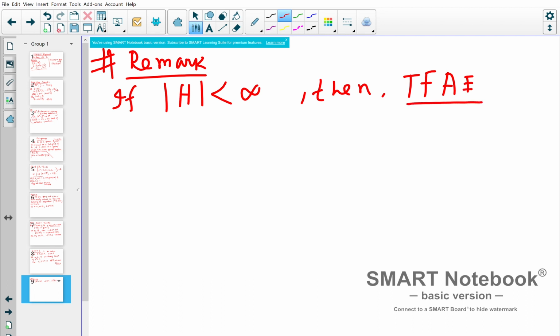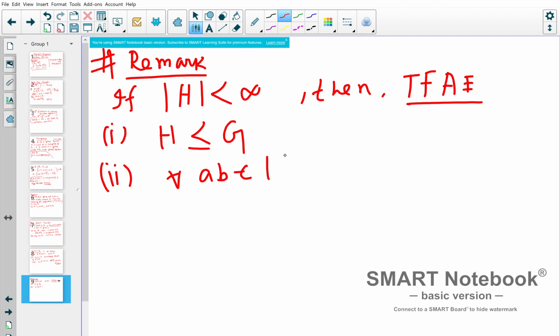What are equivalent? That H is a subgroup of G, and H is closed under the operation: for all A, B belonging to H, A into B belongs to H. This is enough. You don't need A B inverse for a finite subgroup, and that is also obvious.